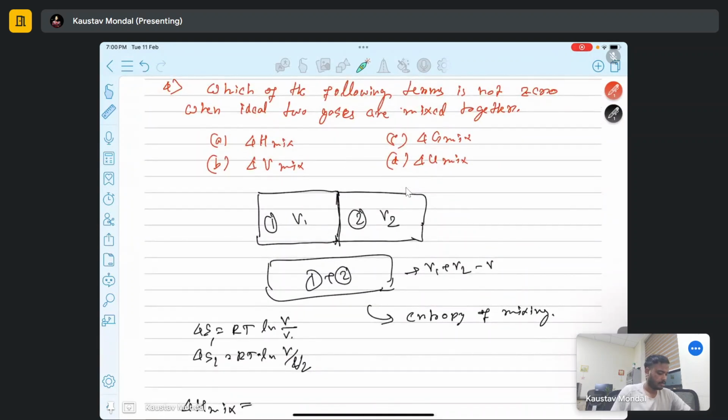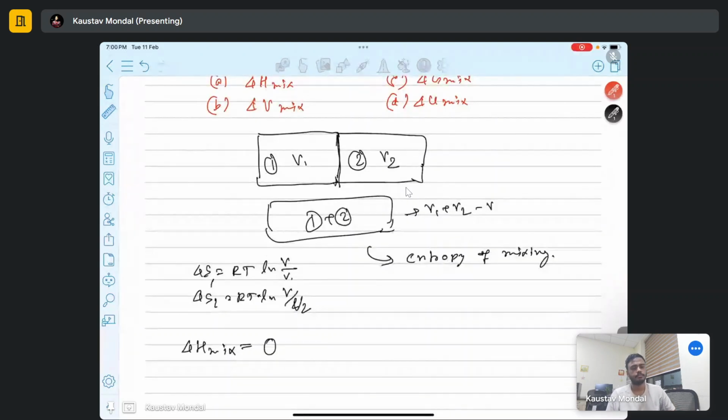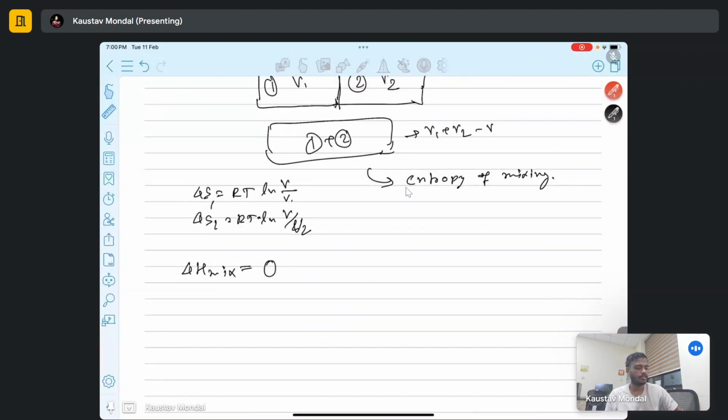Considering all this, there will be no heat exchange because of the mixing. So the enthalpy change for this mixing will simply be equal to zero. A similar case: next comes delta V mix.